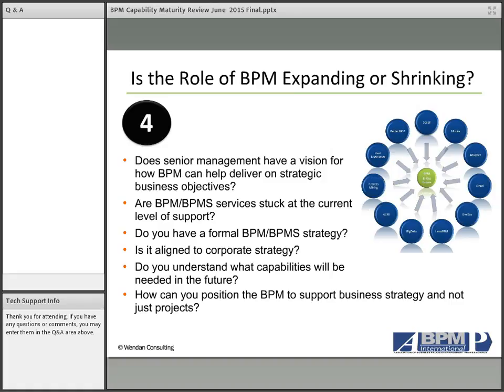Depending on the vision of where this fits into the organization and the type of services, capabilities, competencies, you'll clearly be able to see whether or not executive management considers this to be a function that is critical to the business operation or a nice-to-have function.